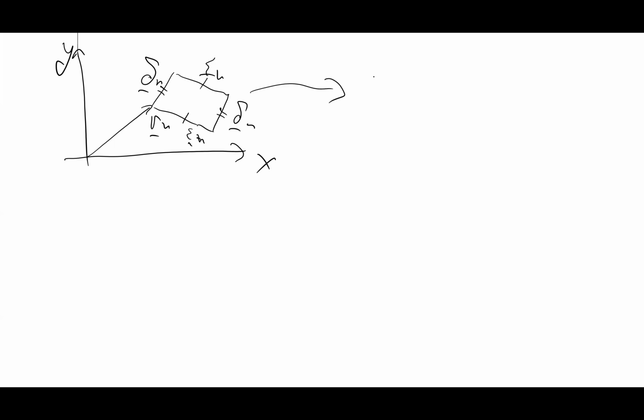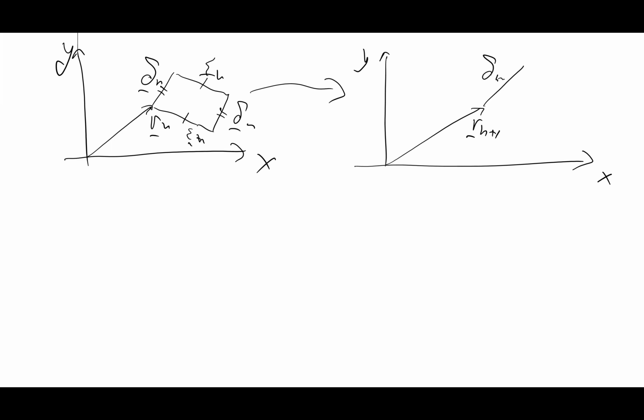Now, after one iteration, we get, so this position vector gets to Rn plus 1. Now this will be delta n plus 1. This vector will be epsilon n plus 1.